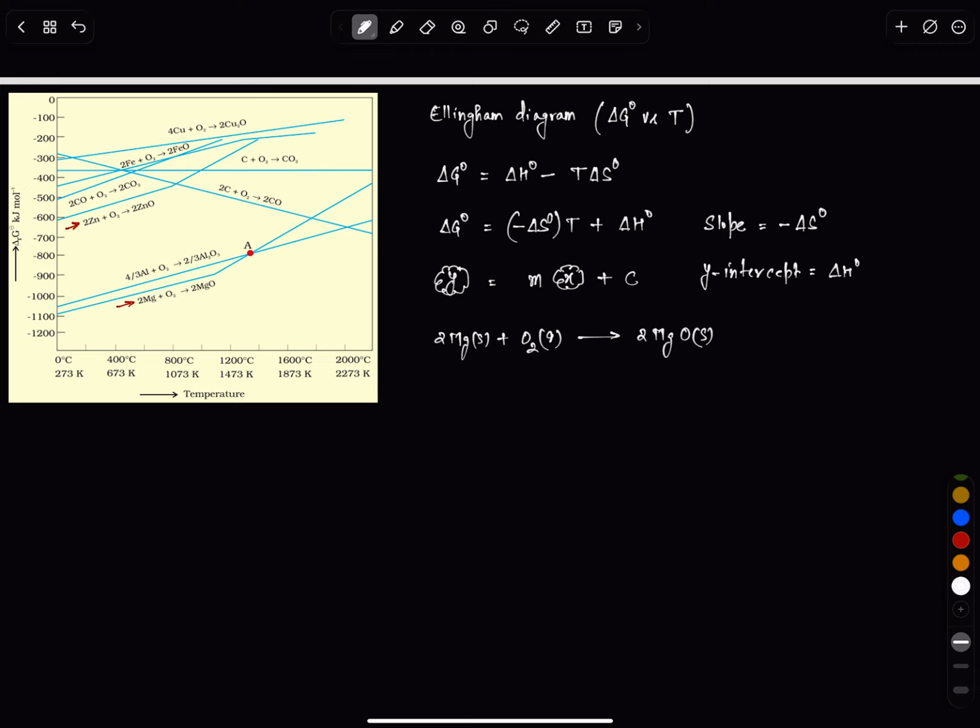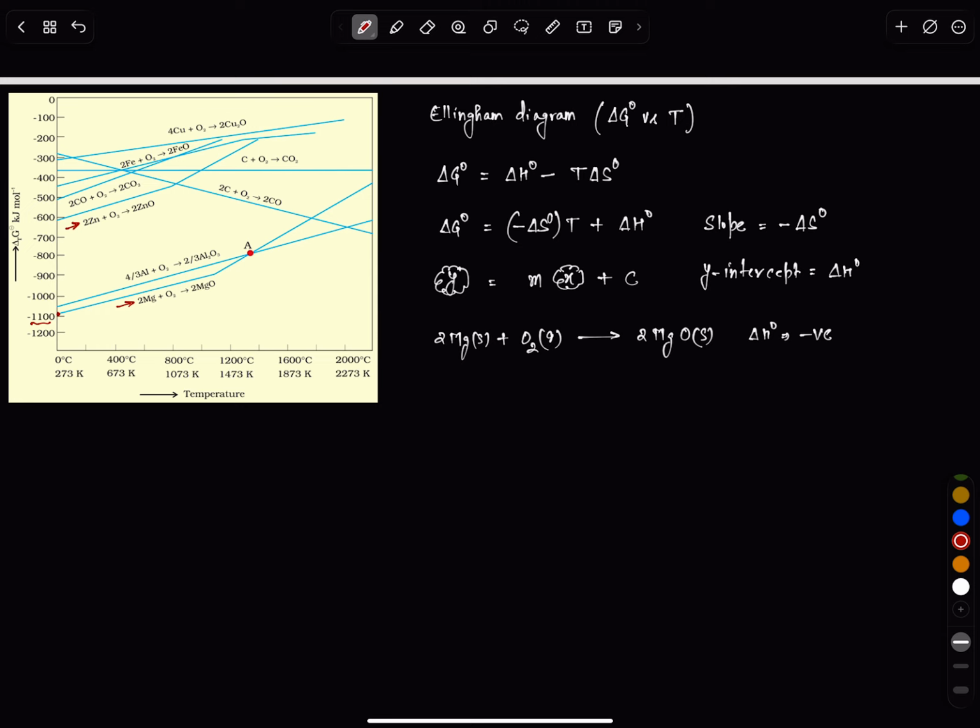Now it's a combustion reaction, and for that we know a combustion reaction is basically an exothermic reaction, so delta H naught will be negative. So if we plot a graph of delta G naught versus T for this particular reaction, the delta H naught or the y-intercept will be negative, which you can see here. It is negative, right?